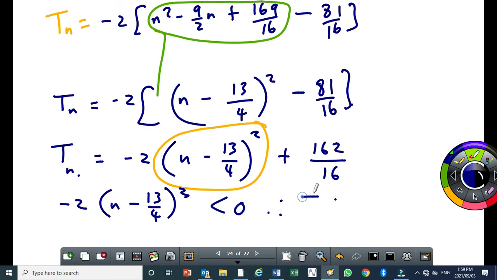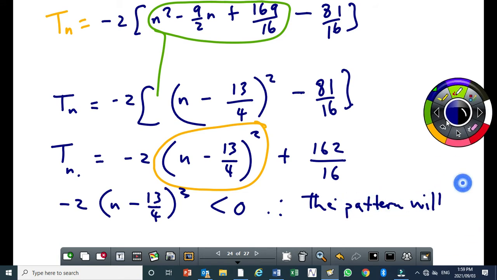Therefore, the pattern will never be positive. And then you can get your full marks.